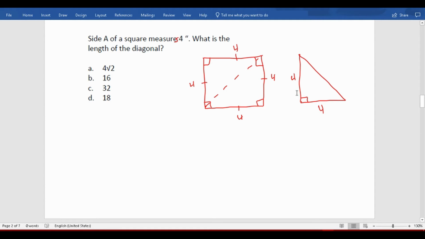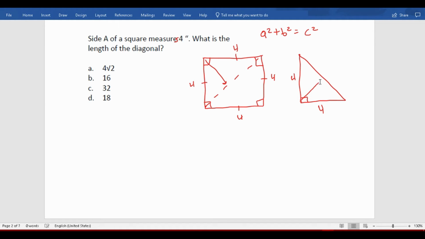And now we have to use the Pythagorean theorem to find the measure of the diagonal, because the diagonal, it turns out, is across from the right angle in a right triangle, and this is referred to as the hypotenuse. So we're going to use this formula: a squared plus b squared equals c squared, where a and b refer to the legs of the triangle and c squared refers to the hypotenuse.